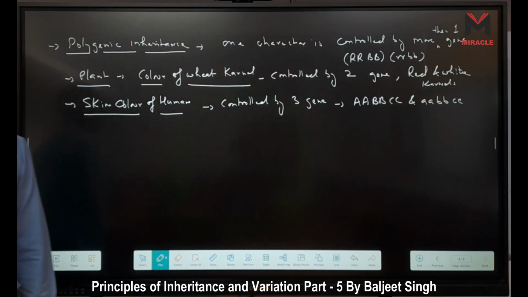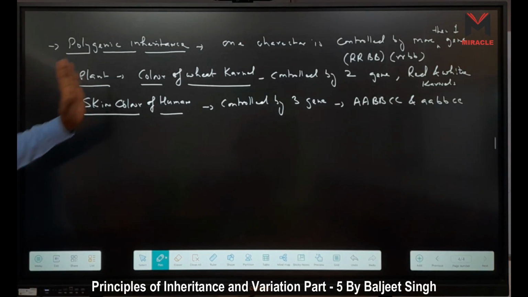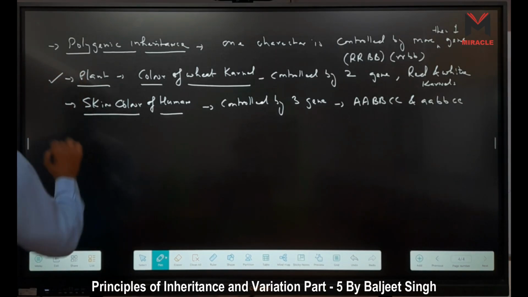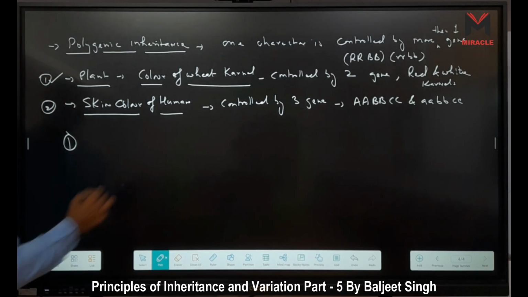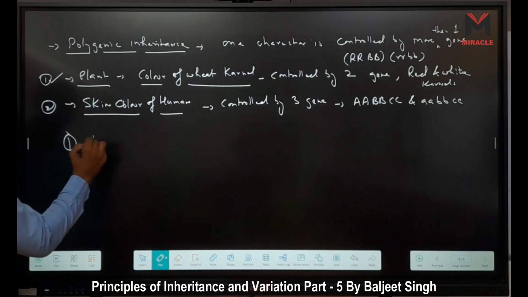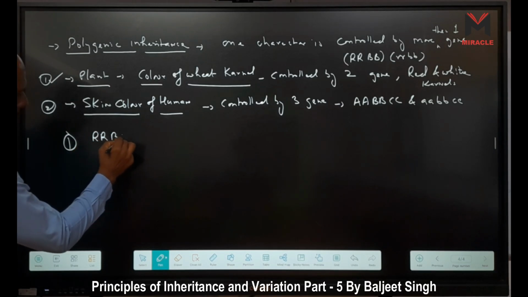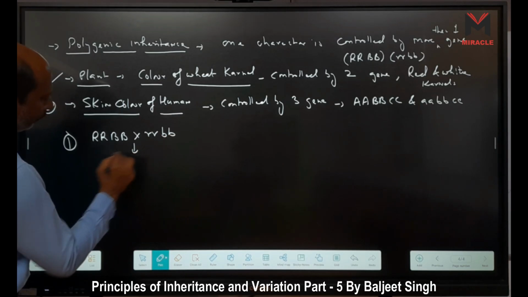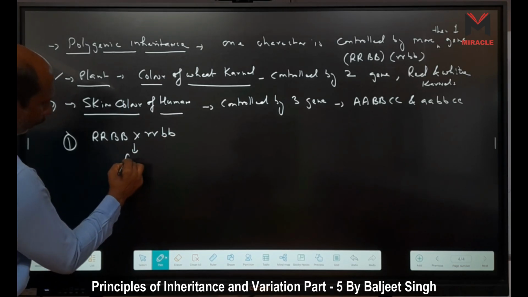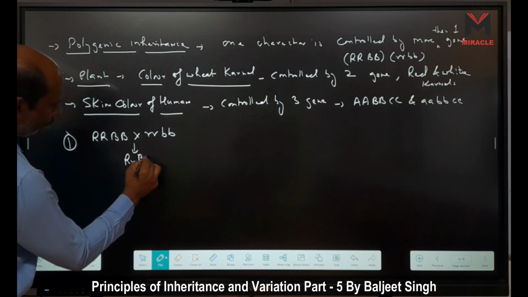In case of F1 generation, with all these wheat kernels, when we consider the first case, what happens? We have two types of gametes. When capital R, capital B is crossed with small r, small b, in F1 generation we get capital R, small r, capital B, small b.